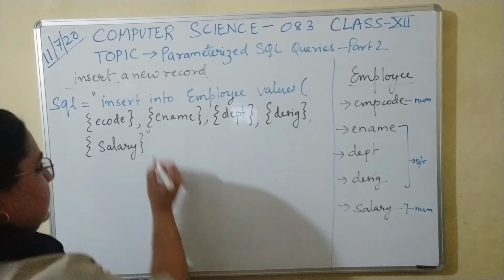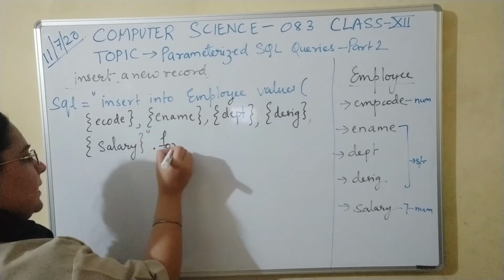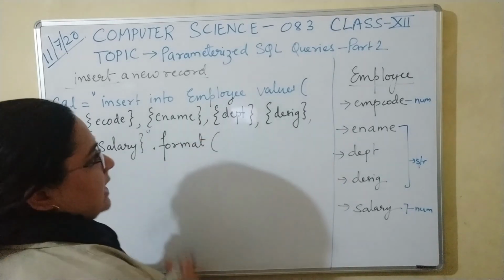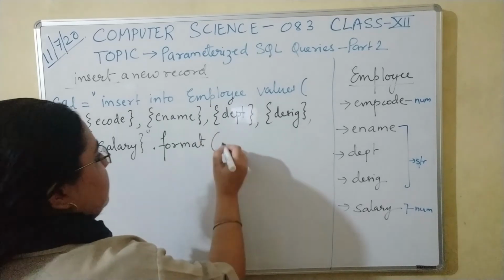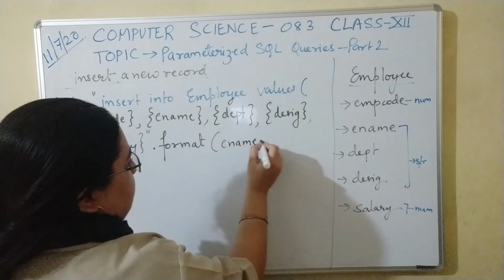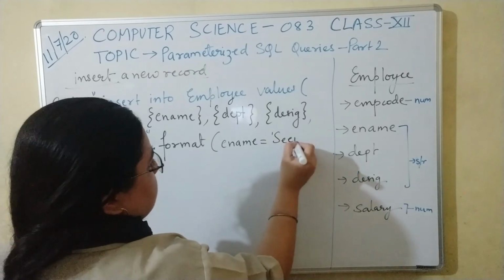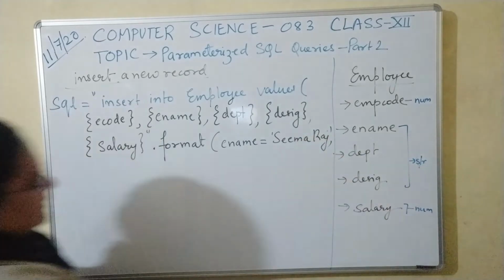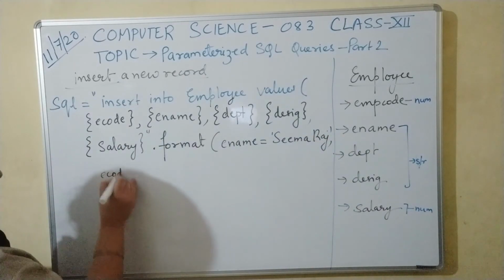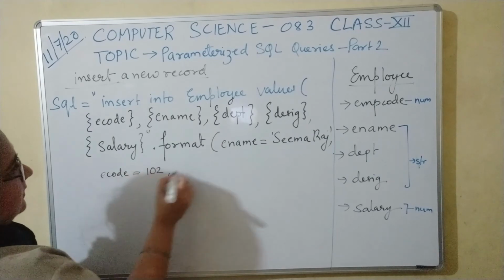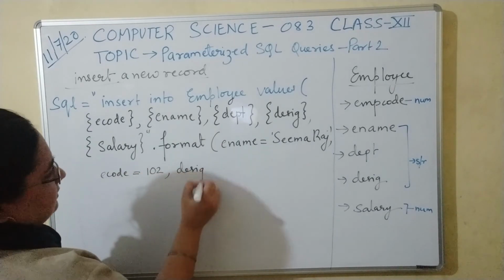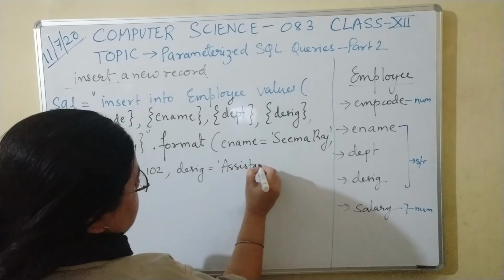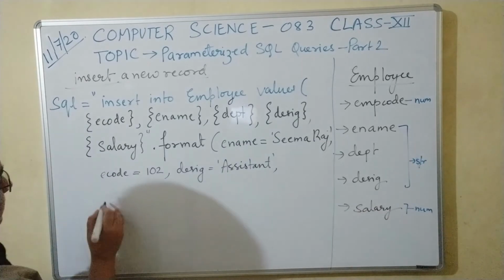So close this over here, followed by dot format, and now I can write the values in any order by using the named parameters. Like I can write ename equals, next eCode. Next I can type designation. Next I can type department.